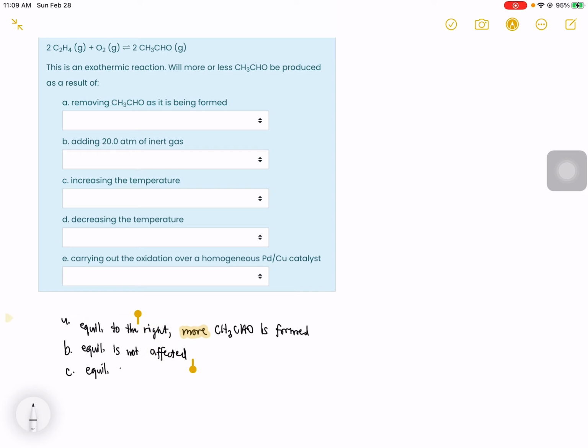So the equilibrium actually shifts to the left. And as that happens, some of the acetaldehyde is being used up to reform our C2H4 and oxygen, so that ultimately there should be less acetaldehyde obtained.